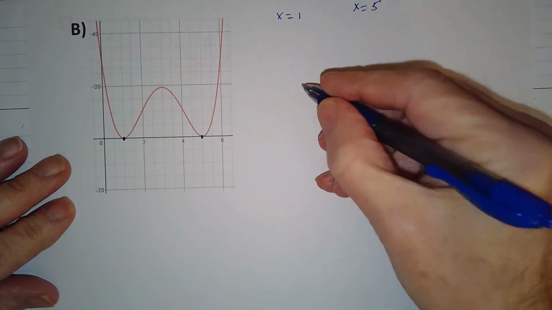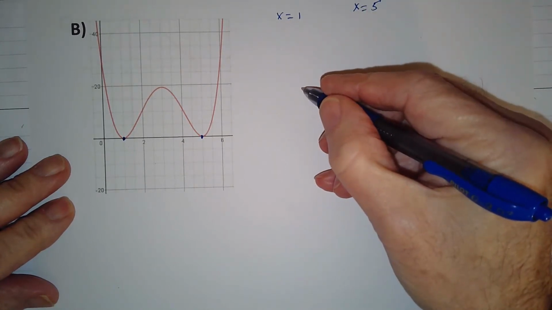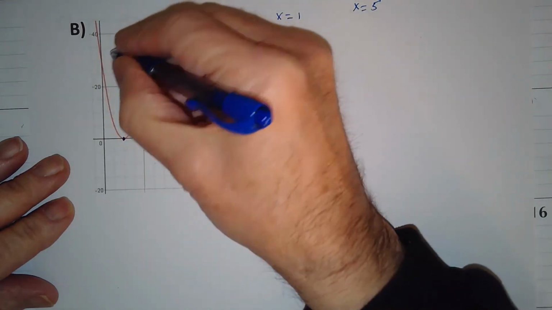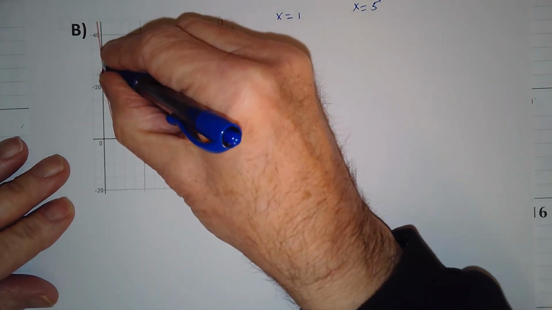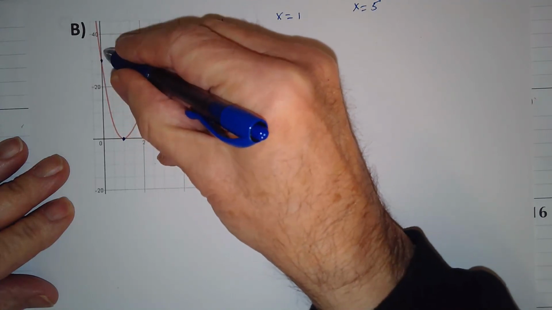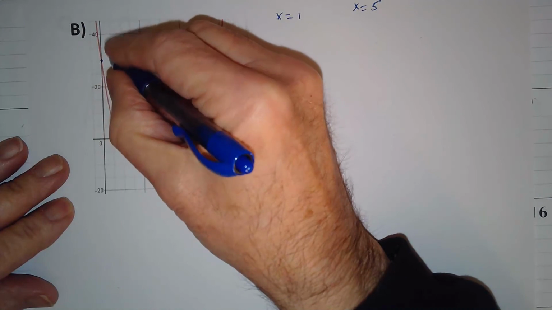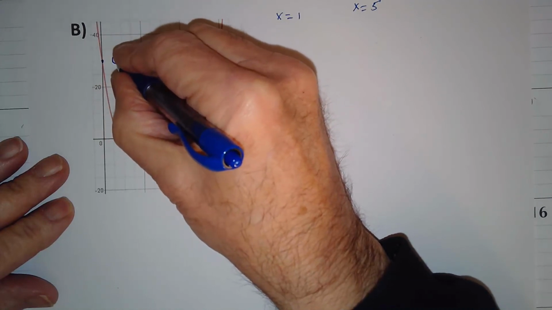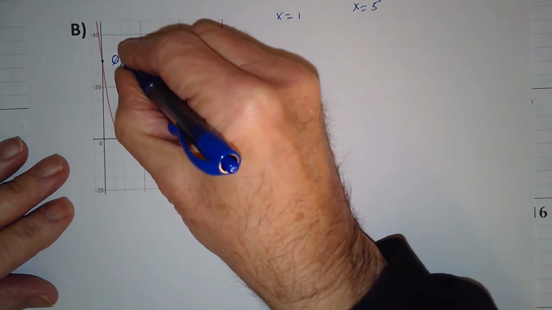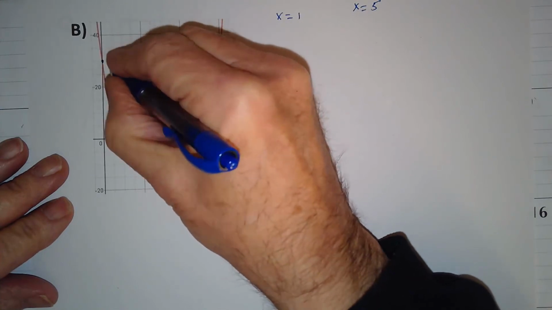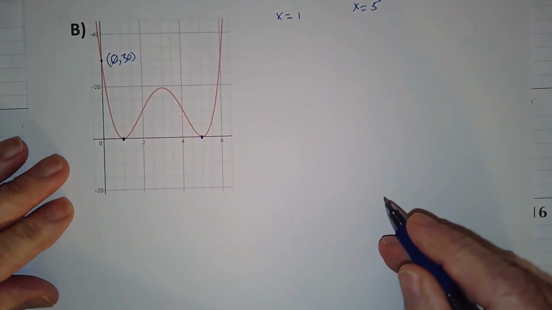All right. And so we also have a y-intercept. Looks like it crosses here, and if you calculate it, this is 10, 20, 25, 30. This is 30. So this is x is 0, y is 30. So we know that's the y-intercept. That's the specific point that they give us.